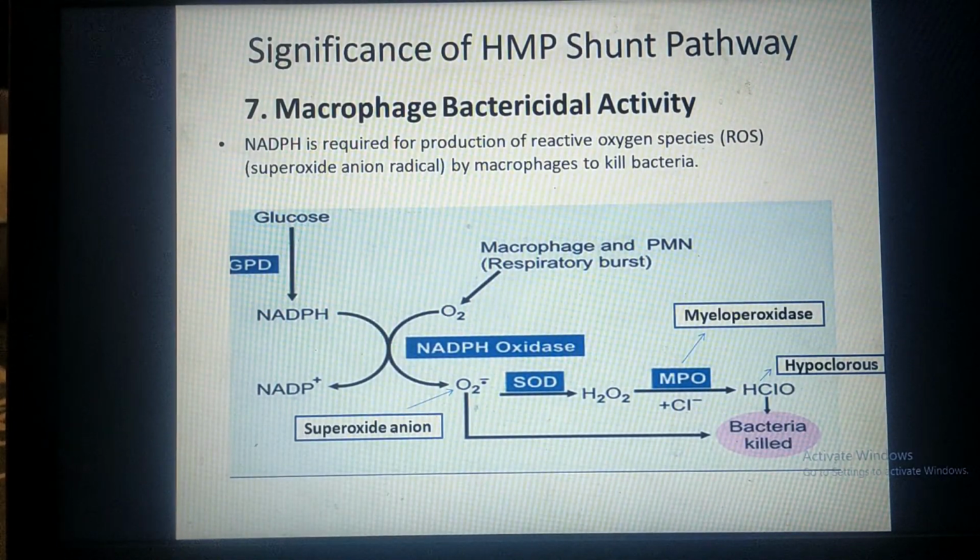Now the next function of NADPH is in the macrophages. It helps the macrophage to kill the bacteria. It is observed that macrophages and PMN, polymorphonuclear cells, that means mainly neutrophils, when these cells engulf a bacterium, their target is to kill the bacterium.